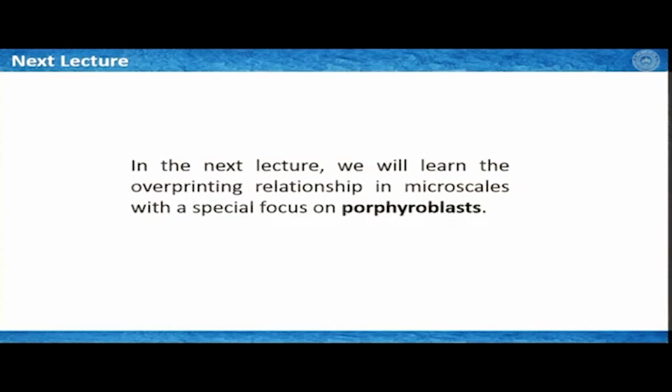And in the next lecture we will actually continue this superposition, but we will see them in a different way. Next week is assigned for boudins, but I would like to spill part of it over to the next lecture, and we will look at things in micro scale and see how these different kinds of planar fabrics appear in the field.